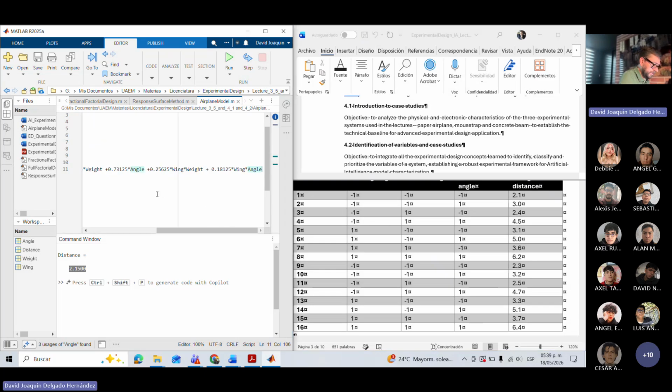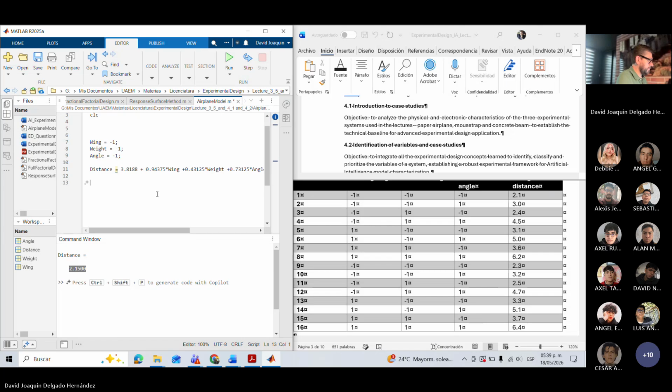I am going to put here residual one. It will be 2.1, which is the actual value here, minus the distance.